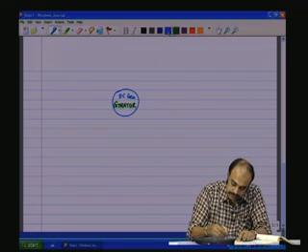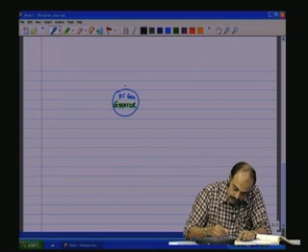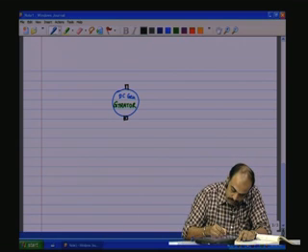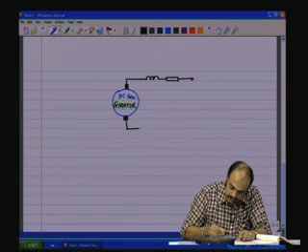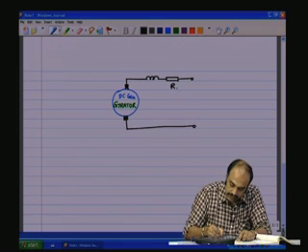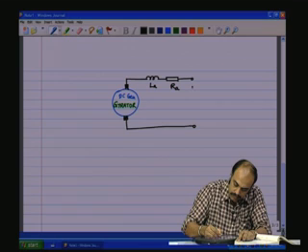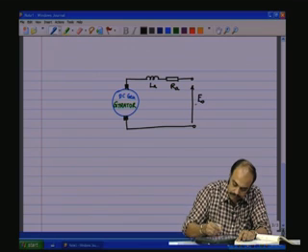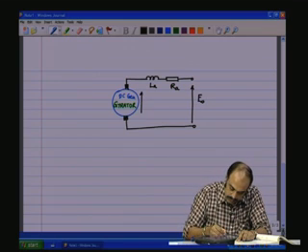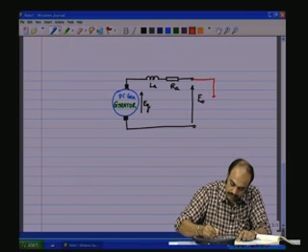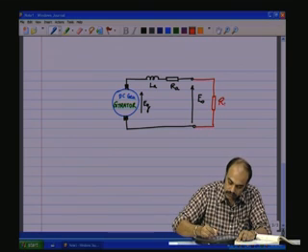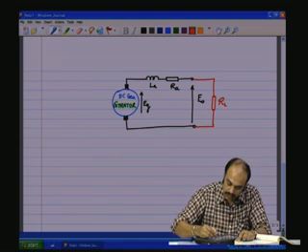Now, this gyrator has two ports, and one port is the electrical port as shown here, and this is the generated EMF, and to the electrical port we have the load connected, and this load let us say is RL or R naught.